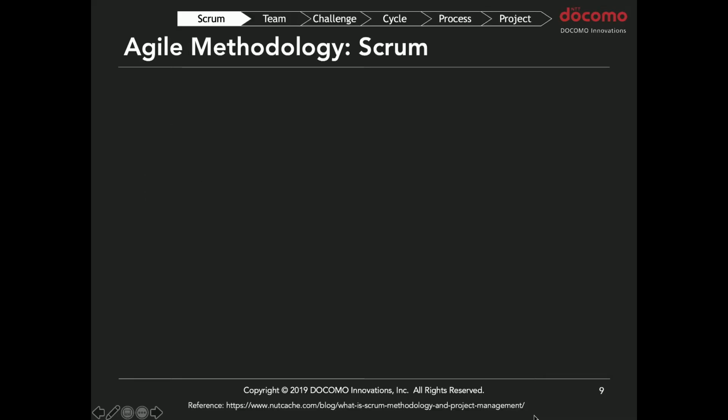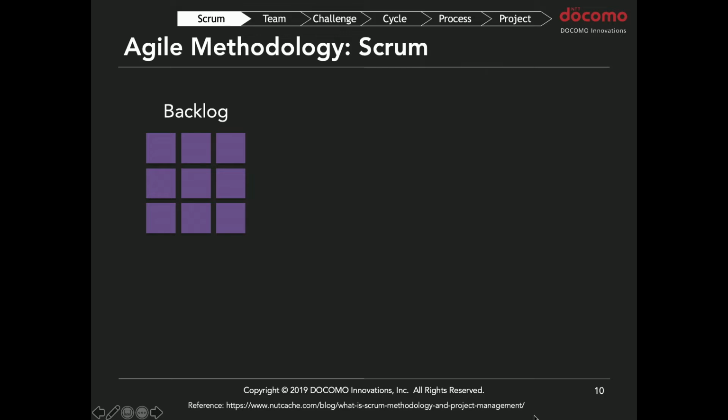So first, what is Scrum? Scrum is one of the Agile software development methodologies. We have a to-do list, which is called the backlog. First, we figure out what our tasks are at the beginning of the project, and then we figure out what we should be doing during the sprint, which is called the sprint backlog.